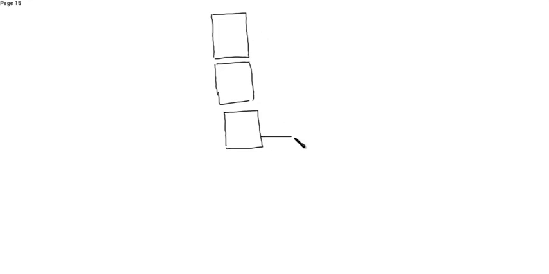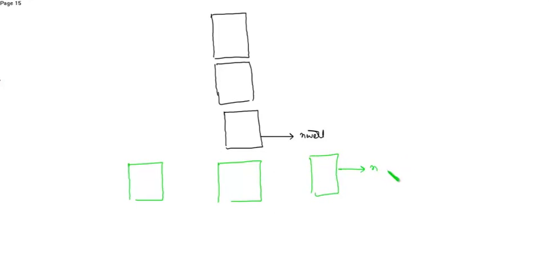Suppose these are the transistors, and we'll have the 3 N diffusion layers. This is the N diffusion layer.